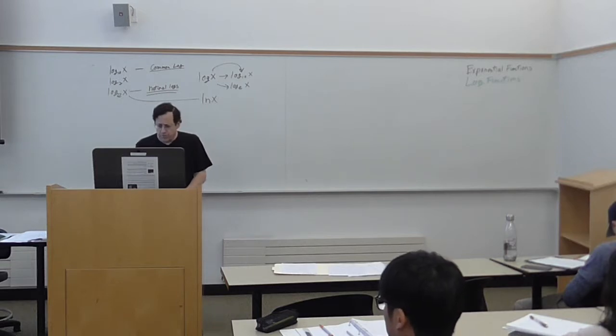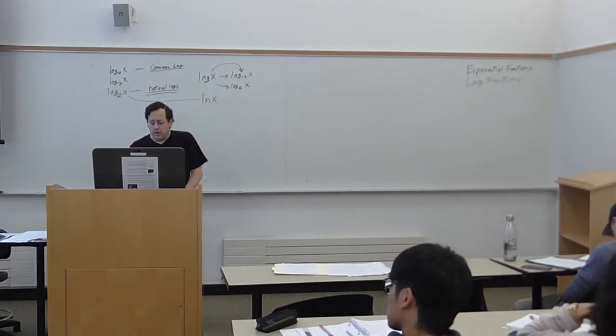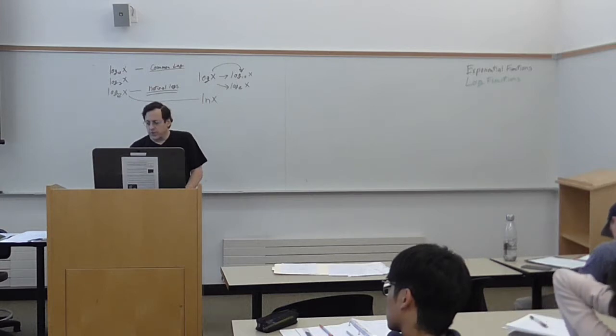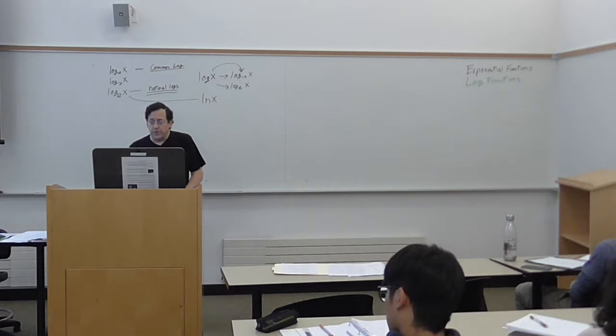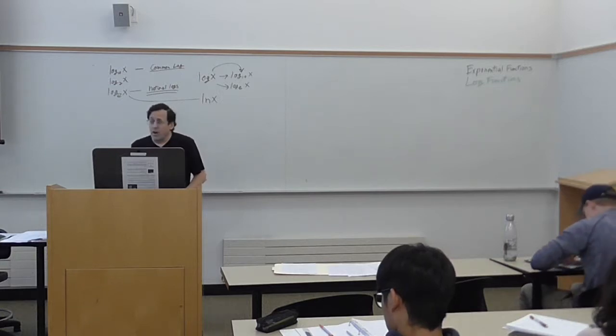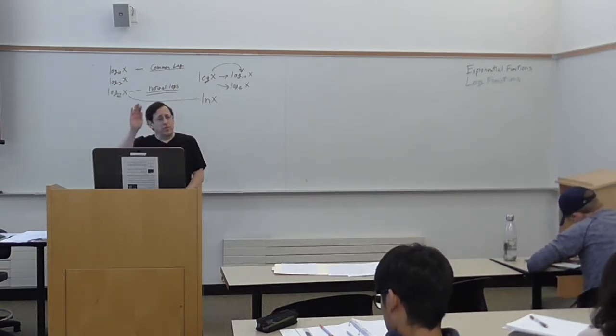Also, let's just look for a second at the domain and range. The domain of the exponential function is all reals, right? It's all along the x-axis here. And its range is just numbers greater than 0. So, of course, with the log function, we get the reverse.